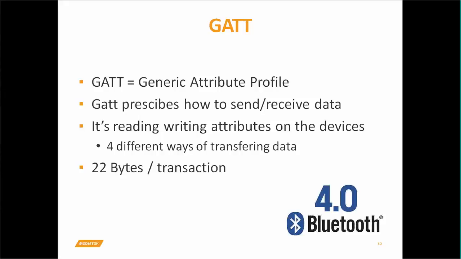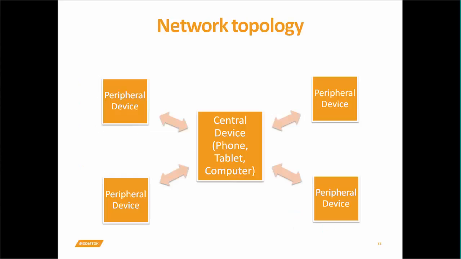So let's have a closer look at GATT. How does the network look? We have two types of devices. One is the central device, which is normally a phone or a tablet or computer, and then we have peripheral devices, which is normally your Bluetooth Low Energy sensor, like maybe your heart rate monitor or anything similar.